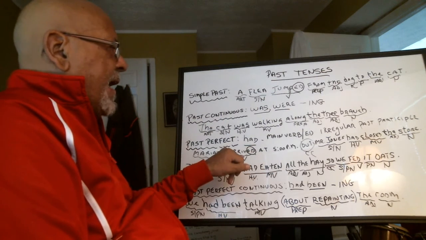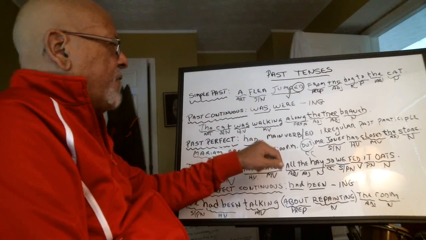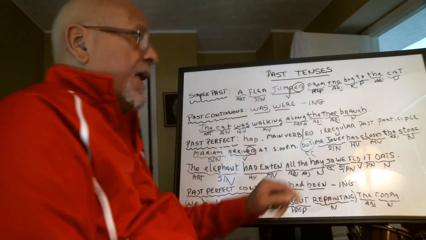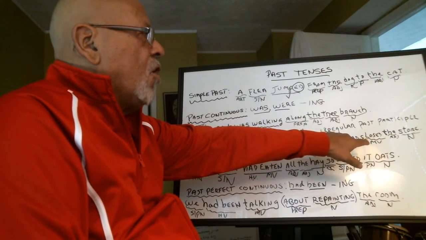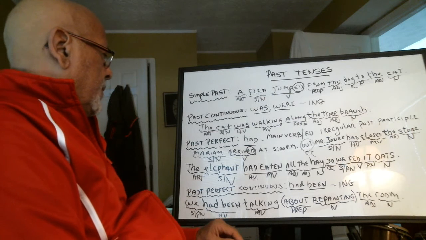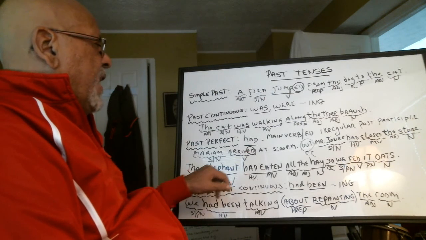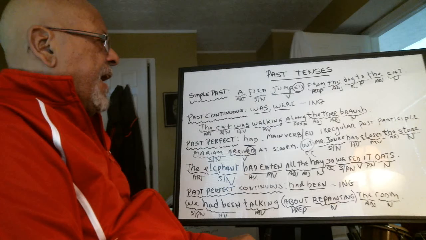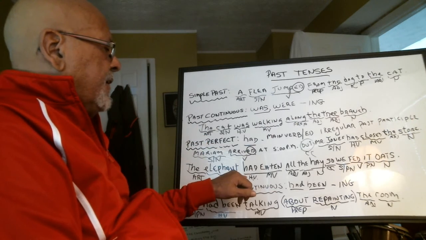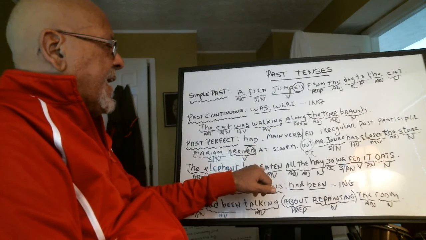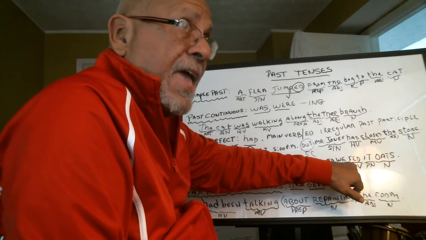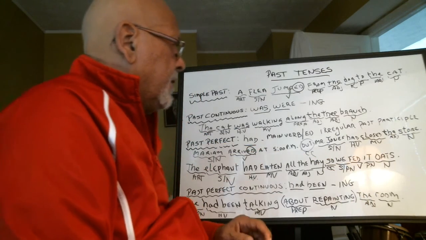Miriam arrived, simple past, at 5 p.m. But Mr. Jones had, helping verb, closed, main verb, the store. The elephant had eaten all the hay, so we fed it oats. Had, helping verb, eaten, past participle, main verb, fed, okay?